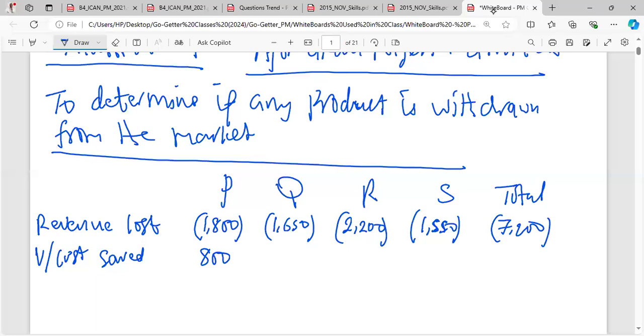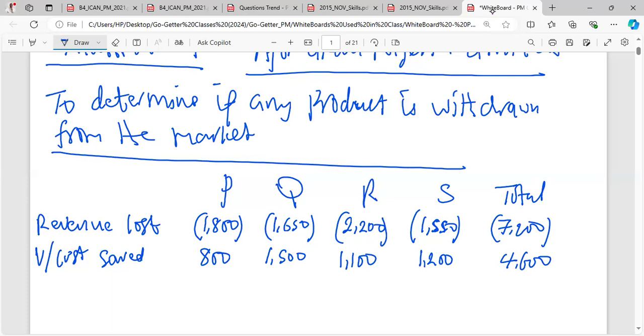Now you see, variable cost is supposed to be an expense, but because now you are saving it, it means it's as good as you are gaining it as something you received.